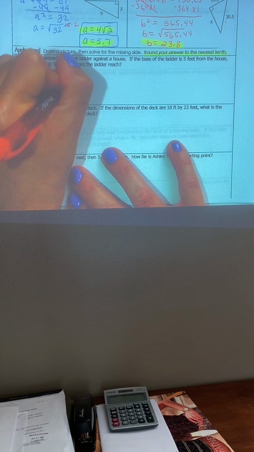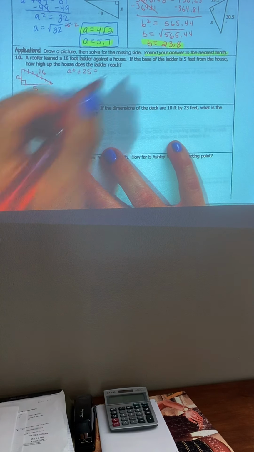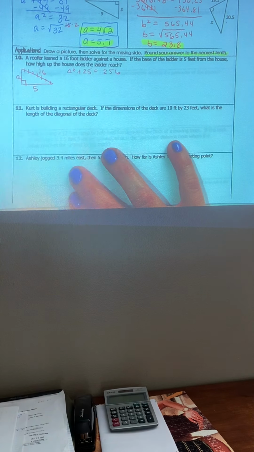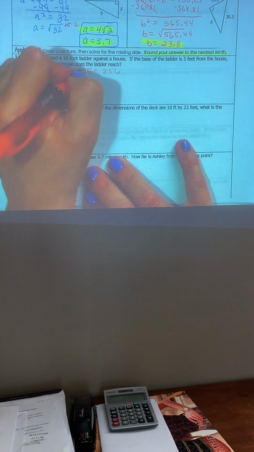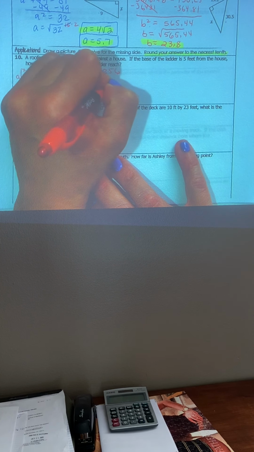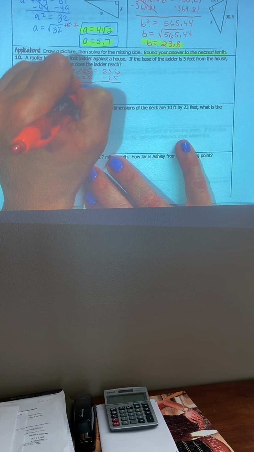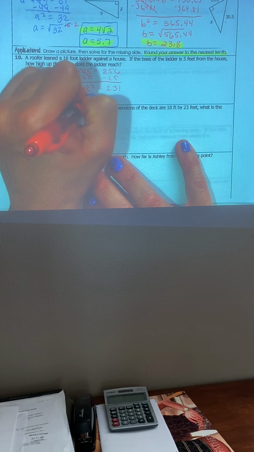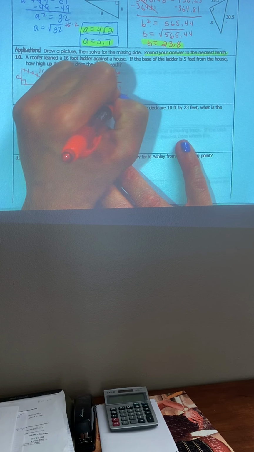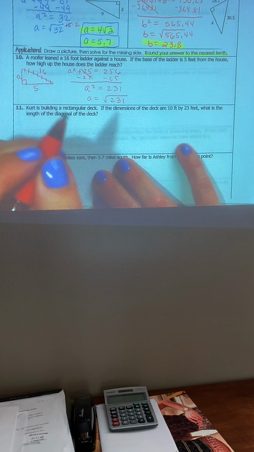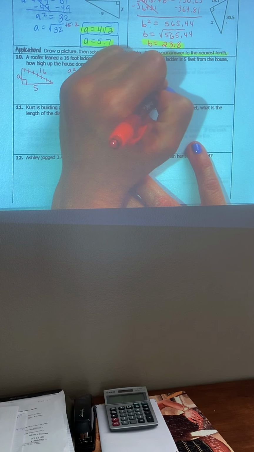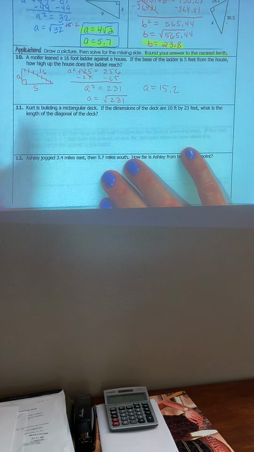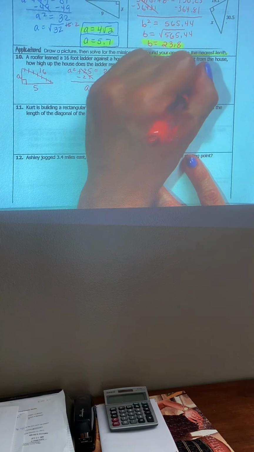A squared plus 25 equals 16 squared, that's 256. A squared equals 231. Take the square root of 231, which is 15.2. Remember, we're rounding to the nearest tenth. And what are we talking about? We're talking about feet.